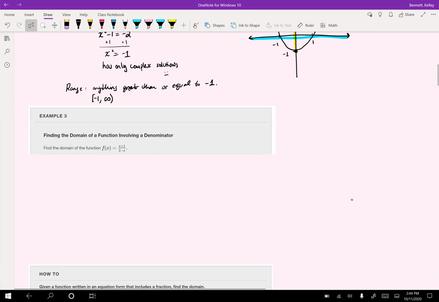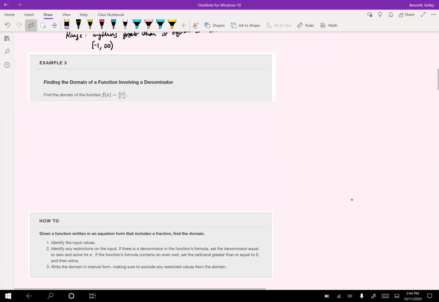So in example 3, let's just see if we can figure out the domain of this function. We're not going to worry too much about range right now, but the domain. So again, we want to look at what are all the possible x values we can plug in to f of x.